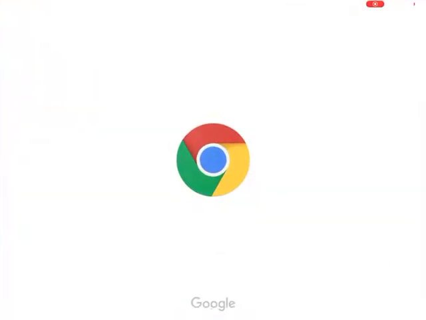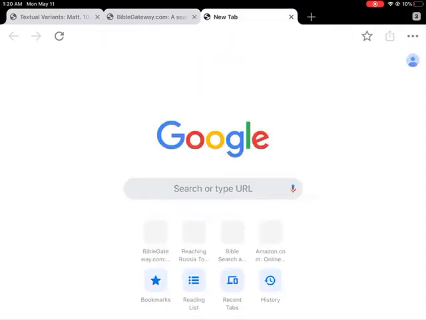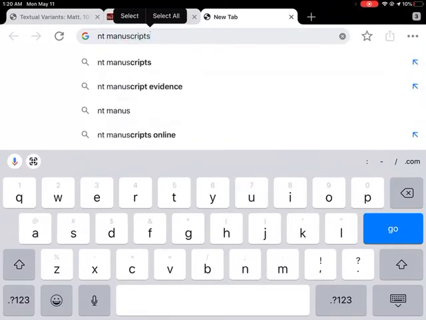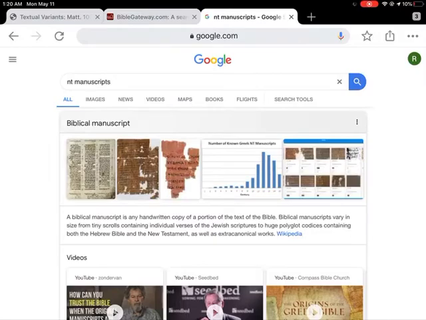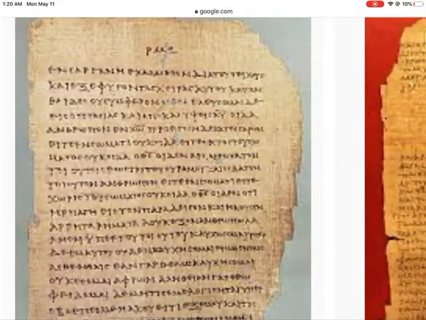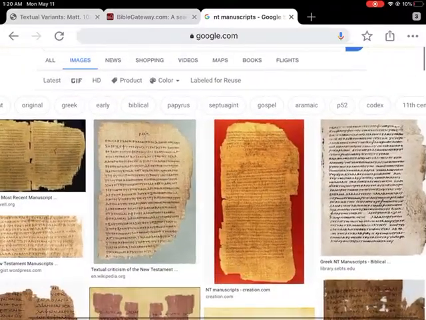And so the original Bible looked much different than the Bibles that we get today. Again, you see just straight capital letters in text.